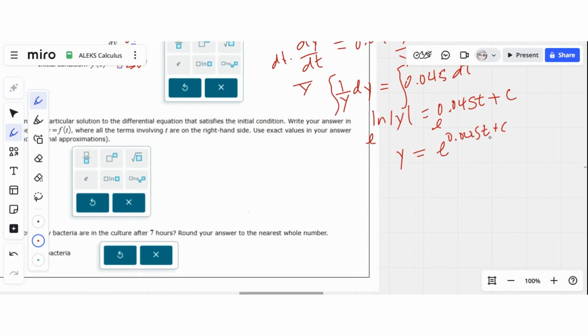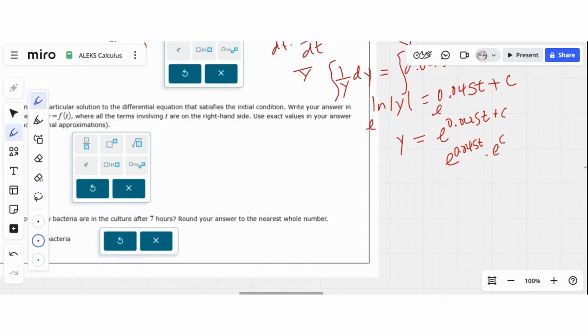When you add exponents, you're multiplying the bases. So this is e to the 0.045t times e to the c, and that e to the c is just a constant because e is a constant and so is the c.